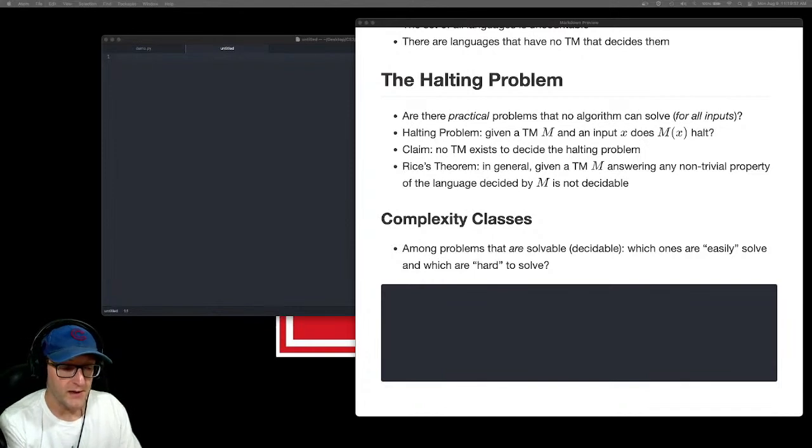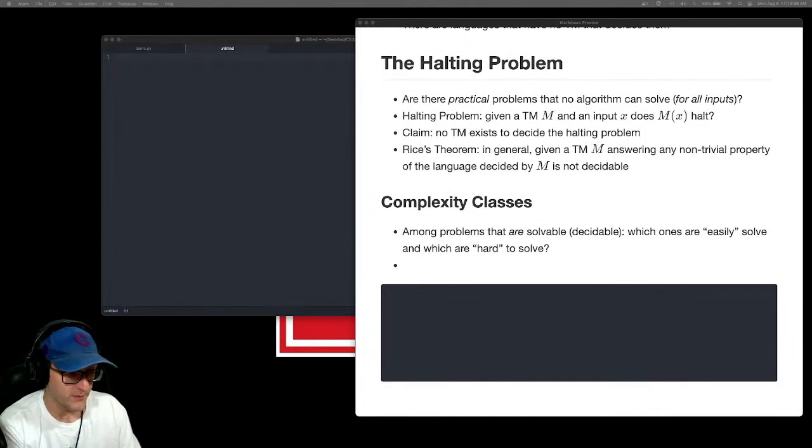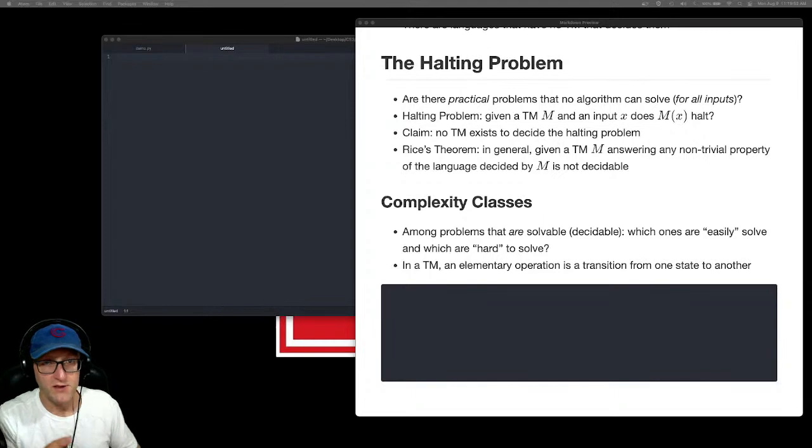So what does that mean in the context of Turing machines? In a Turing machine, an elementary operation is a transition from one state to another. You can think of this as a clock tick. That's going to be our atomic unit of work as far as time goes. When you analyze an algorithm, the elementary operation could be multiplication, division, or a comparison.